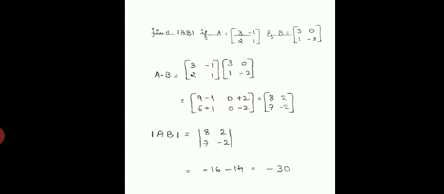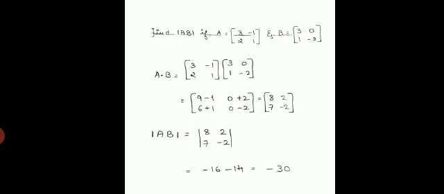Multiply first row into first column. You get the first element, that is 3 into 3 is 9, and minus 1 into 1 is minus 1. Whenever you multiply the first row with the first column, in between the numbers you have to put a plus sign, but there is already minus 1, so plus into minus becomes minus.